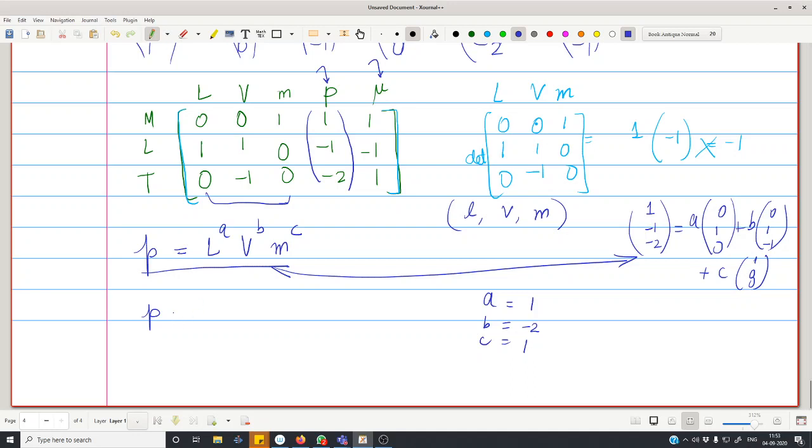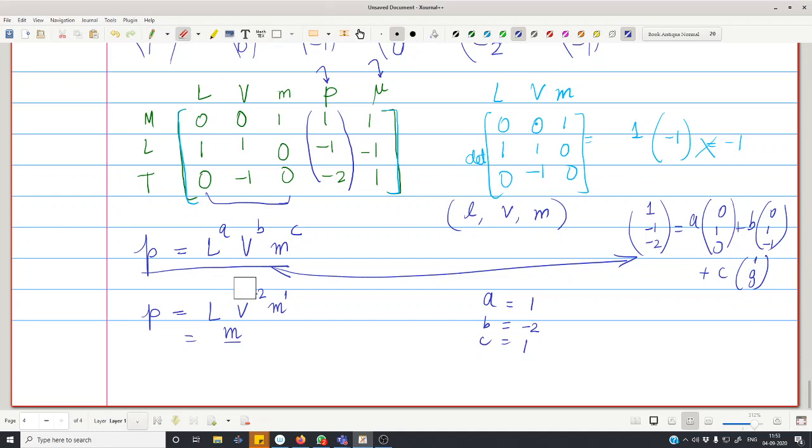So let us write this down. P equal to L to the power A, V to the power B and M to the power C. Are you sure you told me the correct answer?